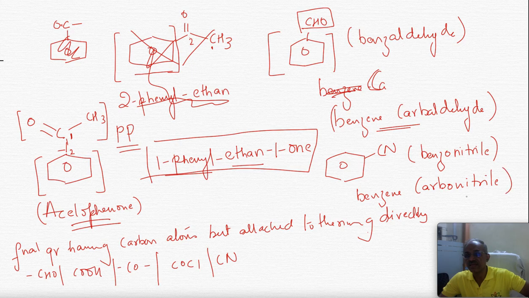Just don't forget, this is the suffix, because these CN, CHO are the primary functional group, so they have to be given the first preference.